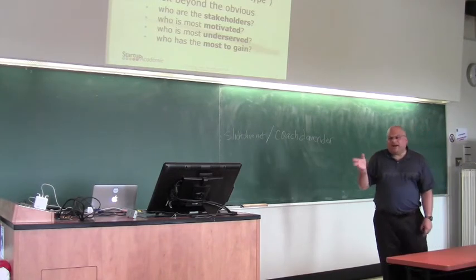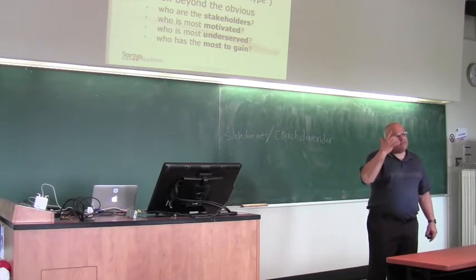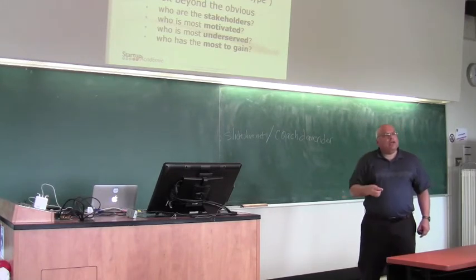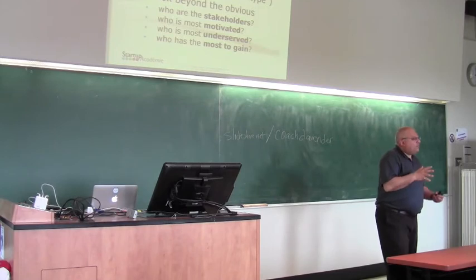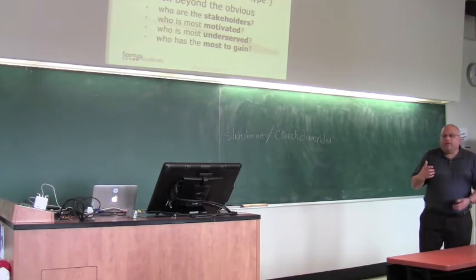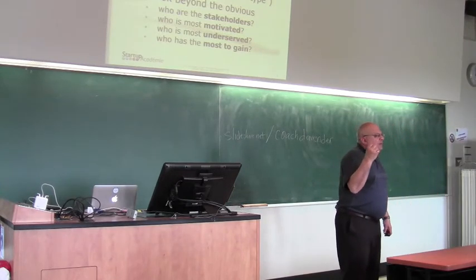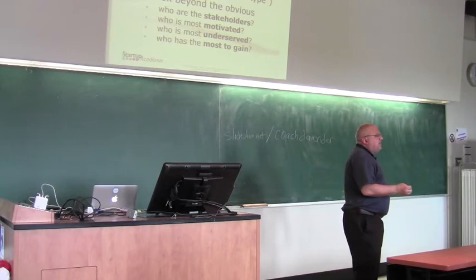And in defining your target market, go beyond the obvious. And we'll do the exercises later on this afternoon around defining the customer segment. But look beyond the obvious. Who are the stakeholders? Who are the people who are sometimes overlooked in all of the stakeholders?